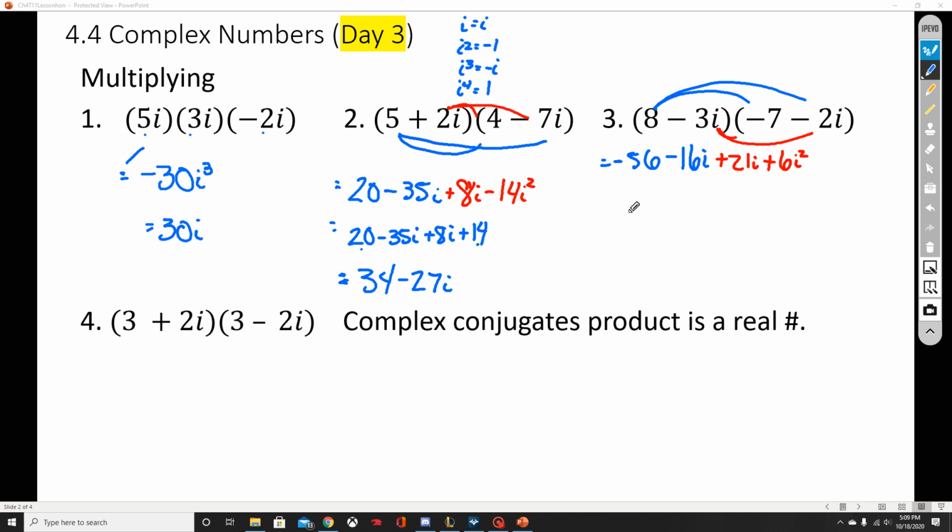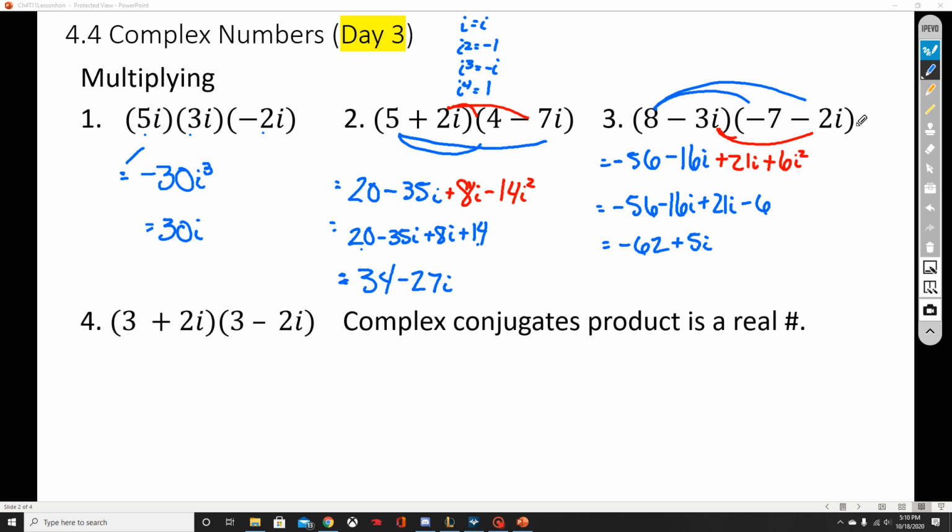Which, remember, i squared is negative 1. So negative 56 minus 16i plus 21i minus 6. Combine the real parts and the imaginary parts, so negative 56 and negative 6 give me negative 62. And then the imaginary parts, negative 16i, positive 21i, is positive 5i. So number 3 multiplies to give us negative 62 plus 5i.